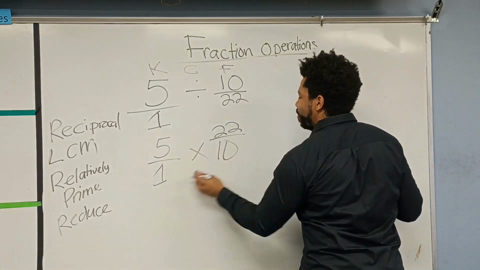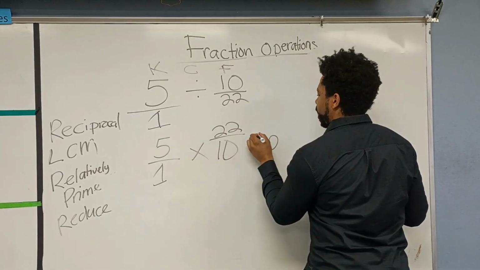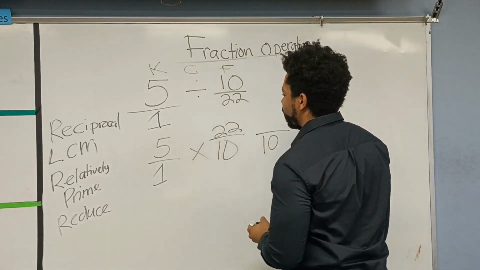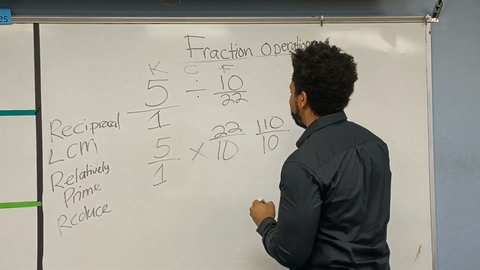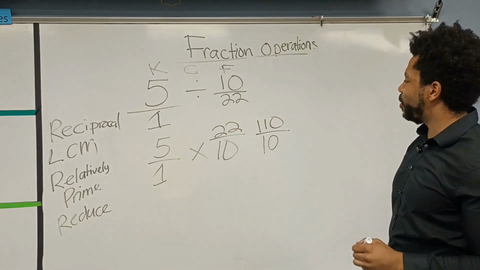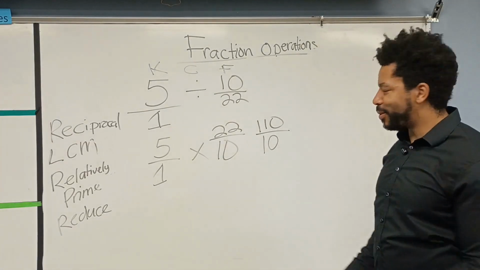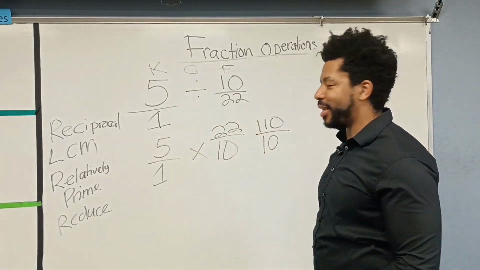So that is going to be here. We have 10 in the denominator. And what are we going to have on the top? We will have 110. Okay? 110. So how are we going to deal with this? We have 110 divided by 10.